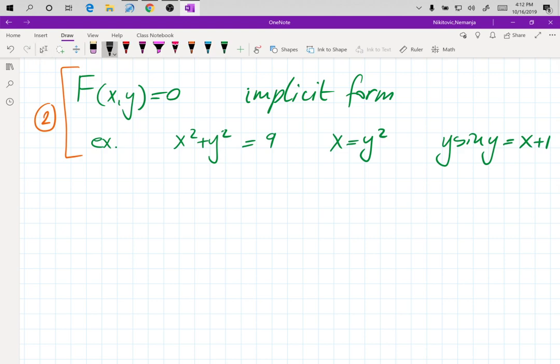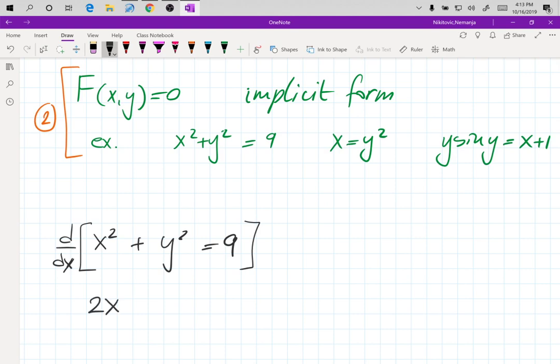So here is an example of x squared plus y squared equals 9 as we take the derivative with respect to x. We take the derivative term by term. So what is the derivative of x squared? 2x.